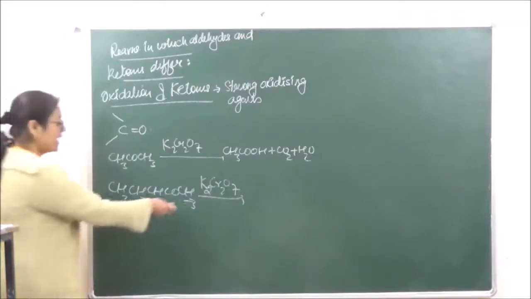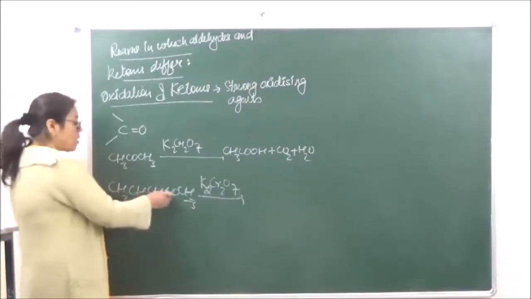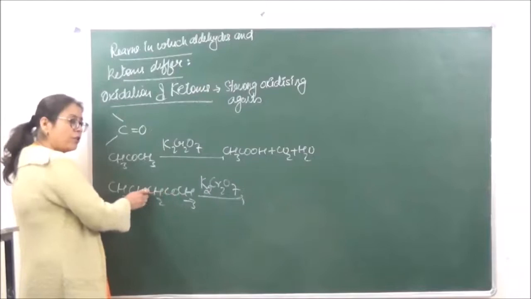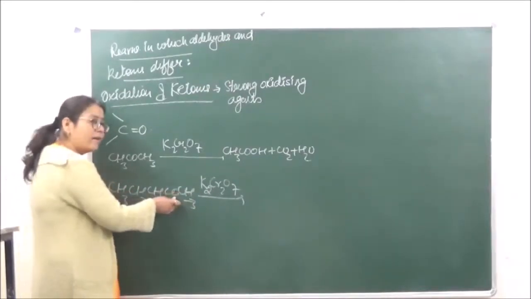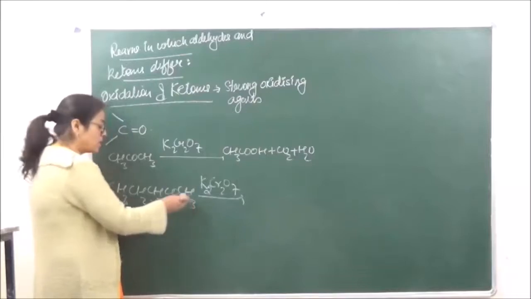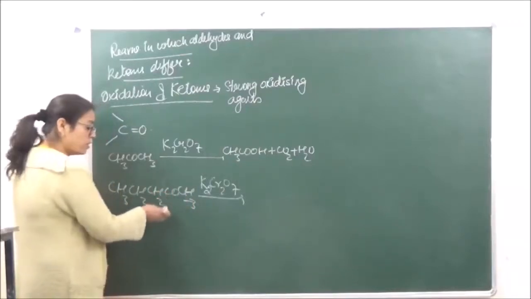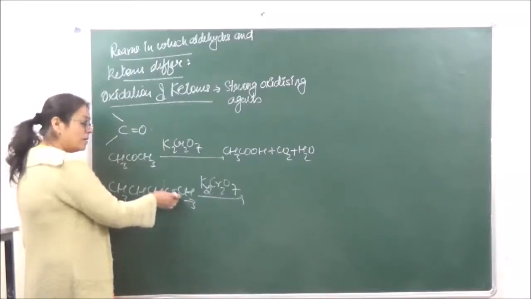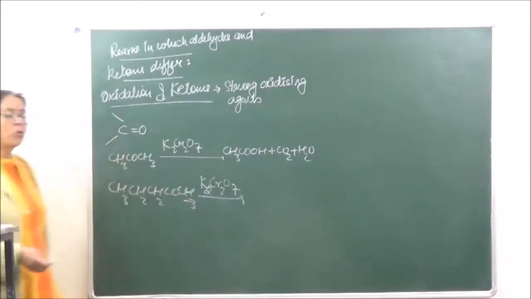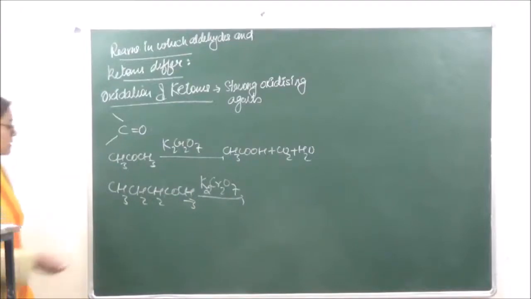So we're looking at this compound over here. On this side of the ketonic group, there are 3 carbon atoms present, and on this side there is only 1 carbon atom present. So the cleavage of the bond is going to take place from here such that the carbonyl carbon will remain with the smaller group. So we are going to get a mixture of acids over here.